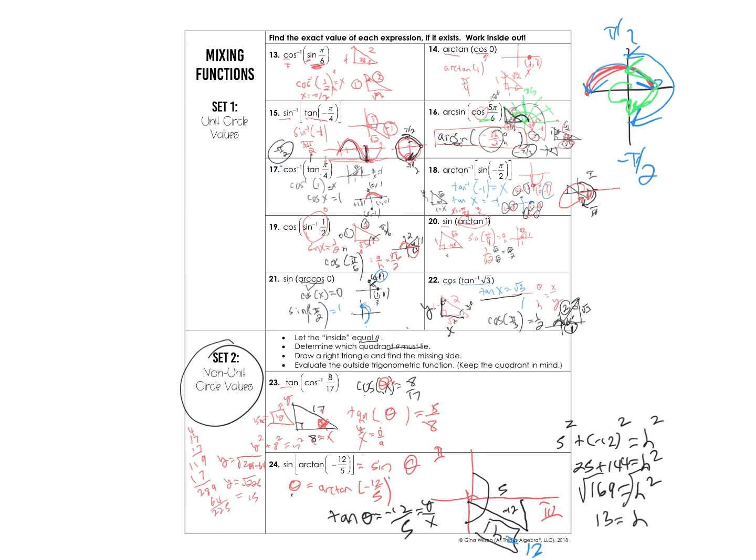Let's answer the question. Sine of theta. What is the sine of this angle that I don't know what the angle is? I still don't know the angle. It doesn't matter. I want the sine of this mysterious angle, which is opposite over hypotenuse. Well, what was the opposite? The opposite is the negative 12 over 13.